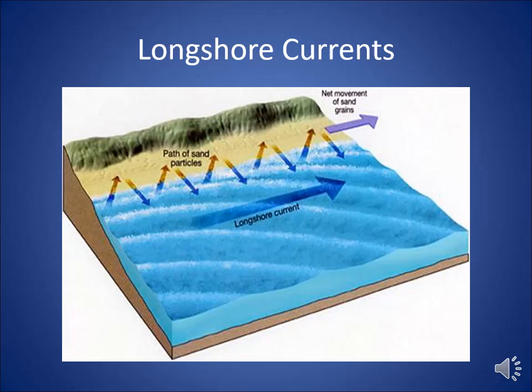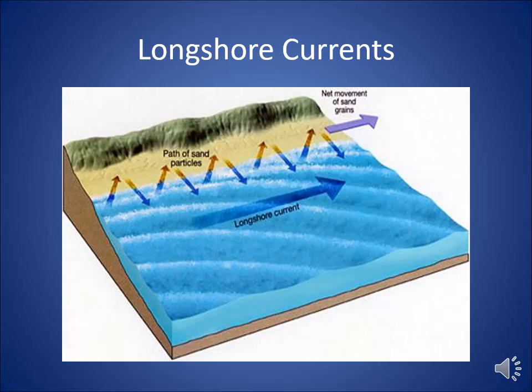And then the water finds the straightest path back to the ocean or the Gulf as it flows backwards off the beach. And it carries sand back with it, and then the next wave will come in at an angle, carry sand up at an angle on the beach, and drain straight back into the ocean or the Gulf. And the net result of this is that sand is moving parallel to the beach.